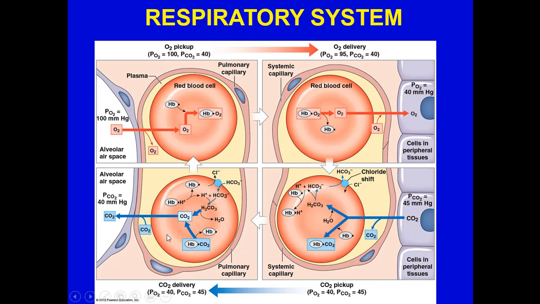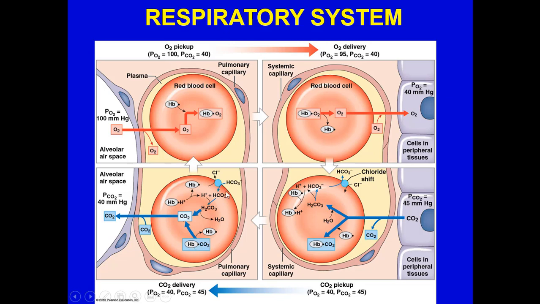Carbon dioxide transport. When we deliver carbon dioxide into the alveoli, the partial pressure of carbon dioxide in the alveolar airspace is much lower than it is in the cell. The partial pressure of carbon dioxide in the blood is 45. So what's going to happen is you're going to have this reversal here.